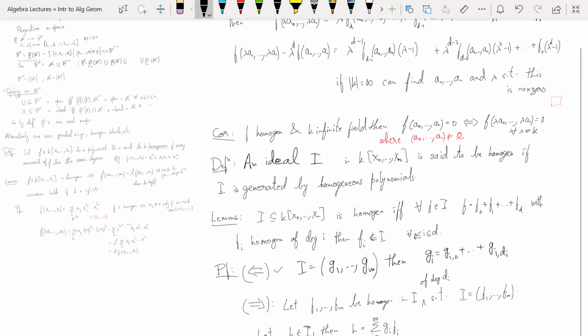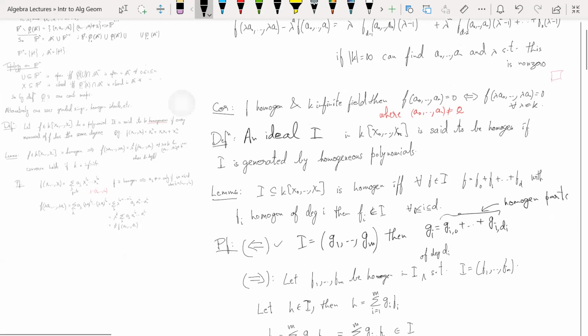Say Gi has degree di, so it will have di plus one homogeneous pieces, Gi0 up to Gi,di. By the hypothesis of the if part, the Gij belong to I and they are homogeneous.